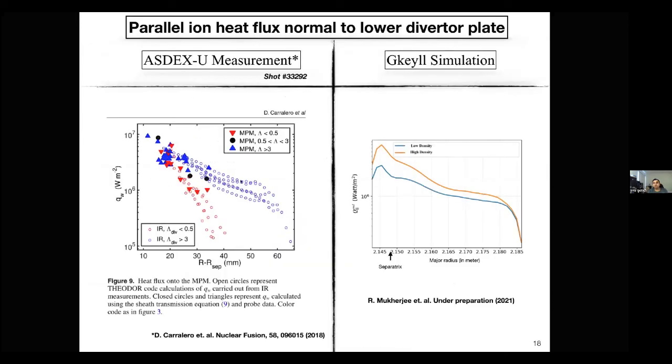And you have the measurements of the heat flux on the divertor in the experiment. These are some measurements for different collisionality, etc. In Gkeyll simulation, we also do that, and we try to compare these two things and see how close we are able to get to the experiment. First, we are building the simulation technology so that we can replicate the experiment.